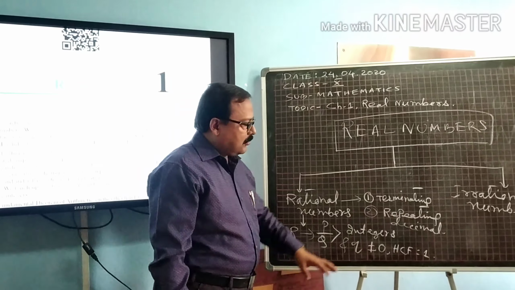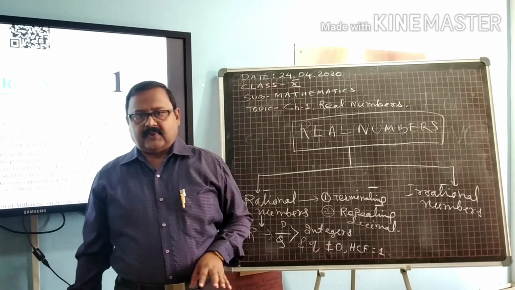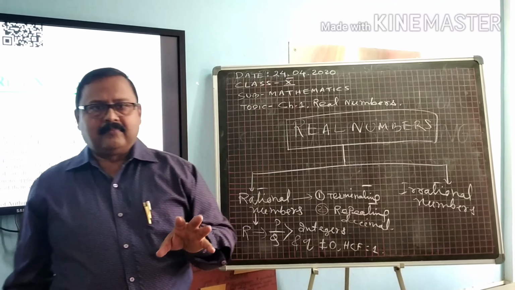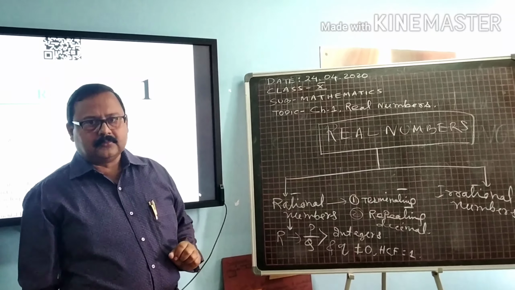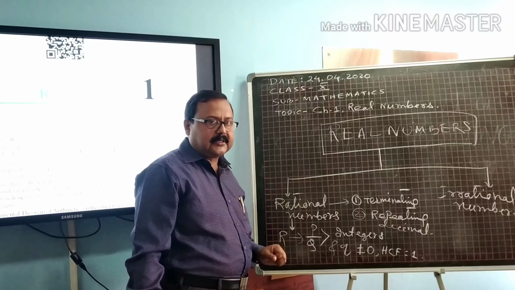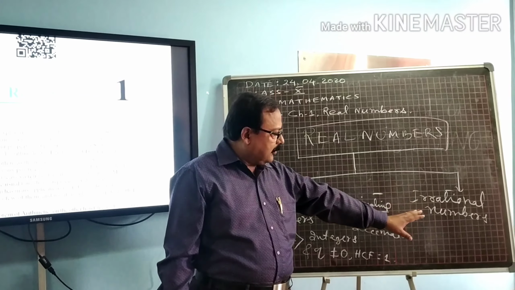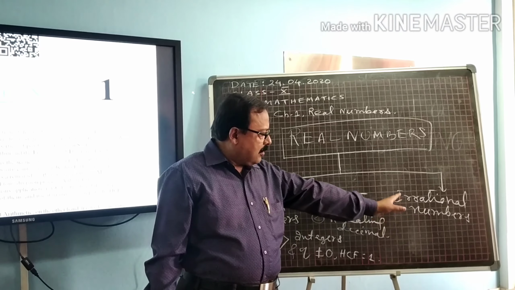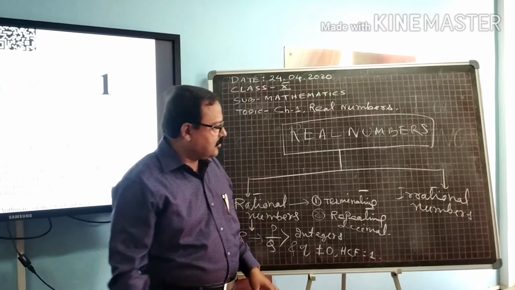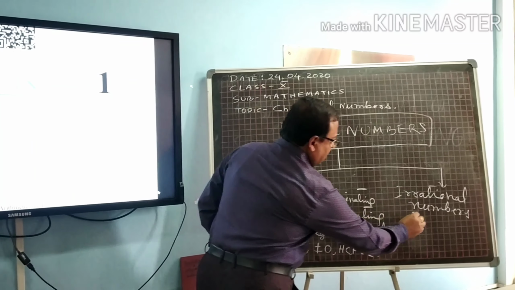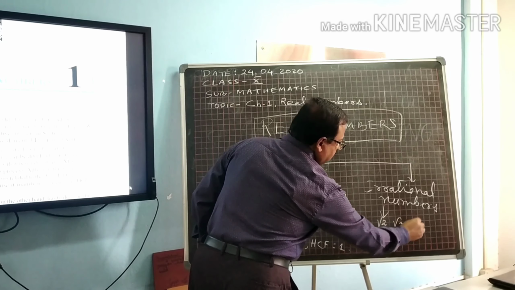And we are going to discuss the irrational numbers. The numbers which are not in the form of p by q, where p and q both are integers and q is not equal to 0, are called irrational numbers. The examples of irrational numbers are root 2, root 3, root 5.